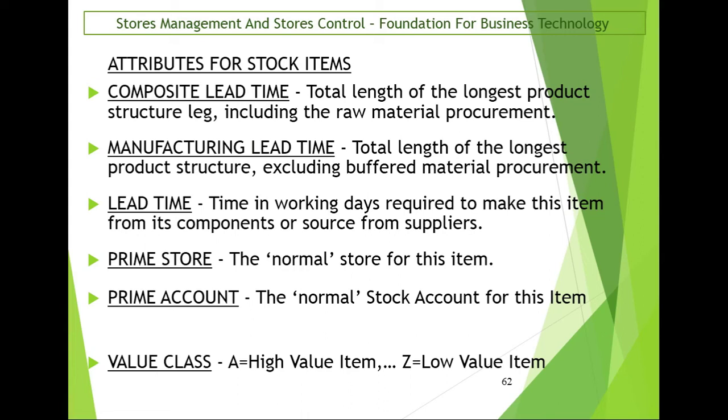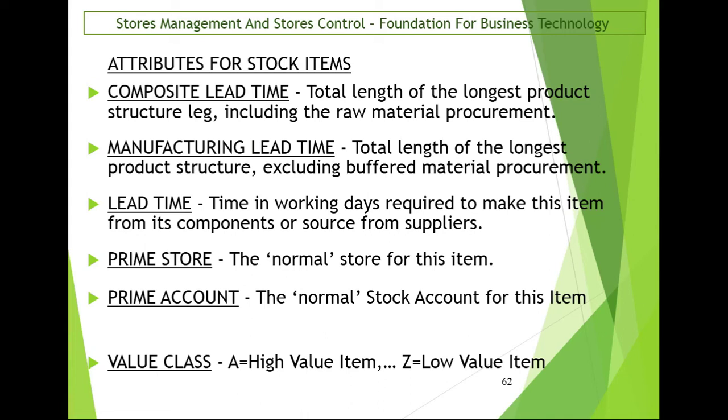For each item, we also define what we call a value class. So the value class classifies items according to the value of a single item. You can take the price of one computer, then you compare it to the price of one screw, you compare it to the price of one desk, the price of one electrical bulb.